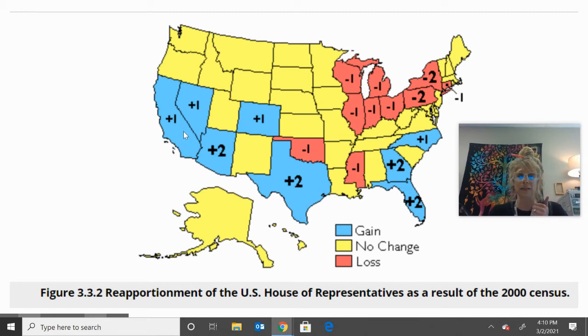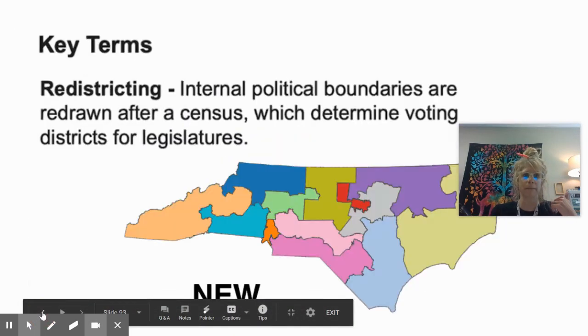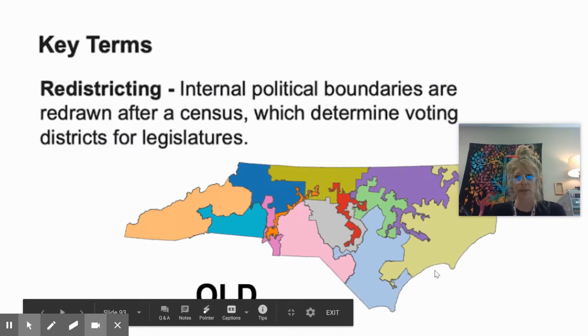So you can see that California gained a legislature, and so did Nevada. But look up here, we see some of these states in the Midwest actually lost a representative, okay? And we see that Florida gained 2, and Texas gained 2. So those are some examples that you can use for redistricting, okay? So they redraw those lines based on those population changes.